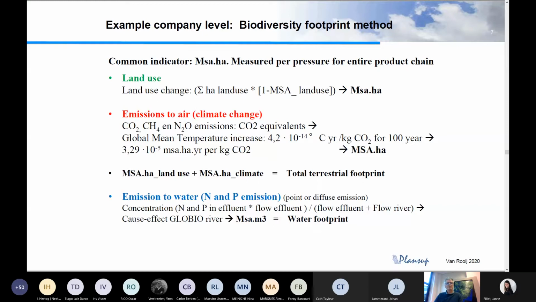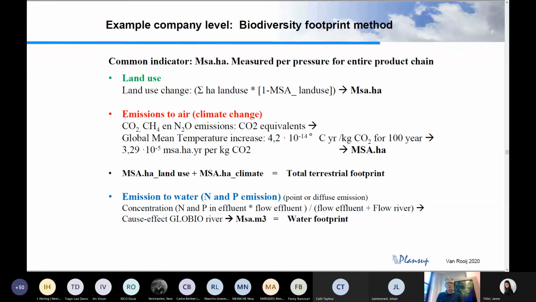Then based on the temperature increase and all kinds of climate envelopes, the PBL came up with a temperature increase for 100 years, and then 3.29 times 10 to the minus fifth MSA per hectare. So for each kilogram of CO2, there is an impact in MSA. And that's a good thing about this indicator: you can add the factors for each pressure together. When you add these two, you come to the total terrestrial footprint.